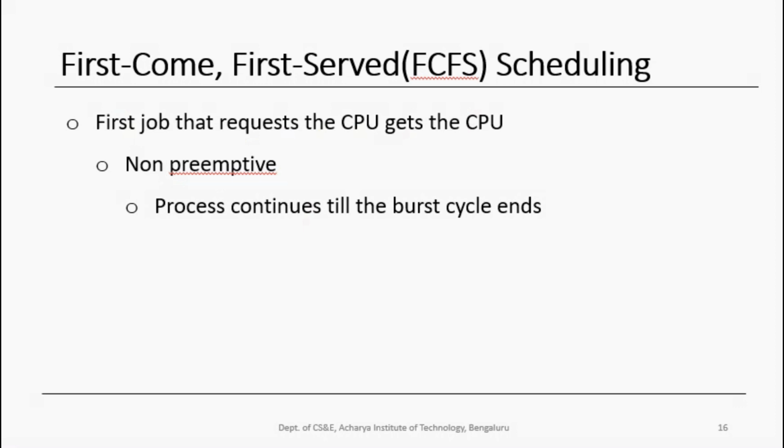Let us try to understand this in detail. This could be realized with the help of a data structure called a FIFO queue. I'm sure all of you are aware of what a FIFO queue is.